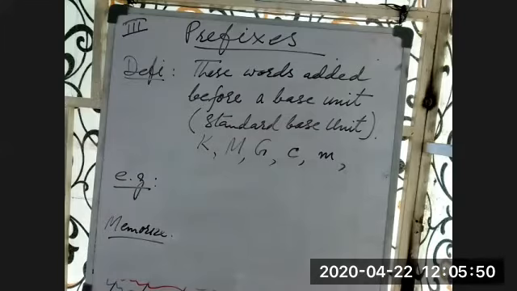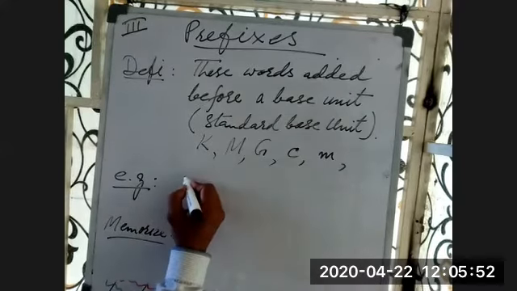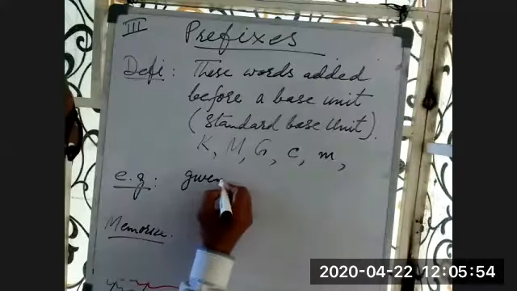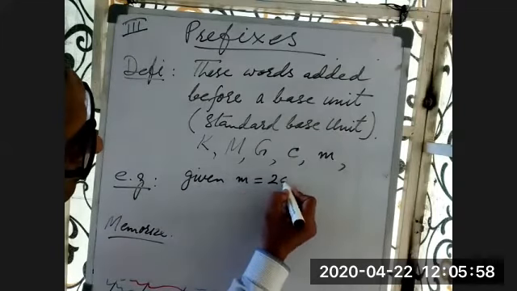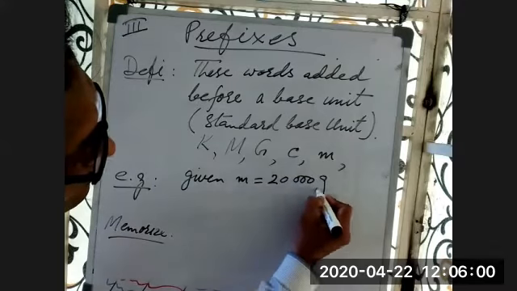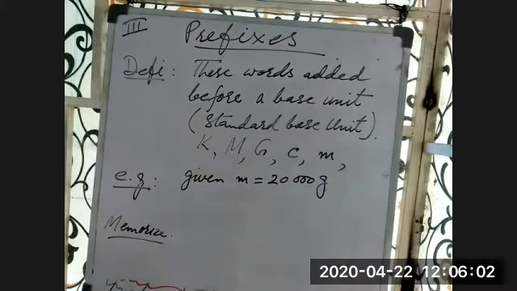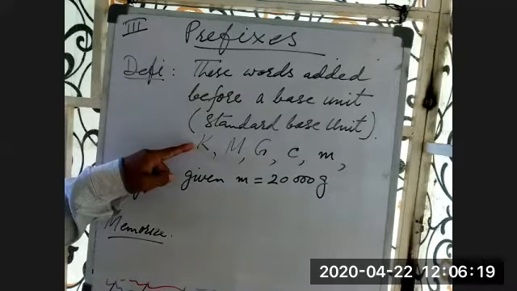How? Consider we are given a mass of 20,000 grams, and we want to make use of a prefix over here. Then we will learn in a table that kilo represents 1,000.